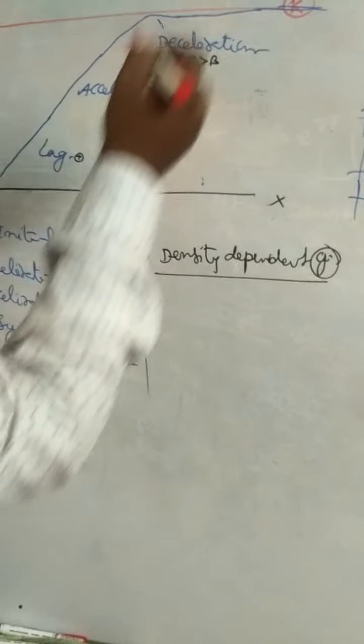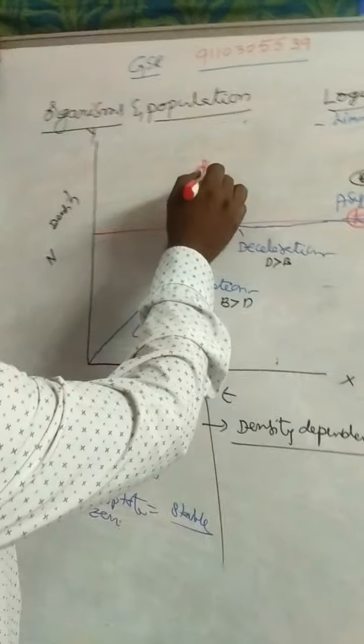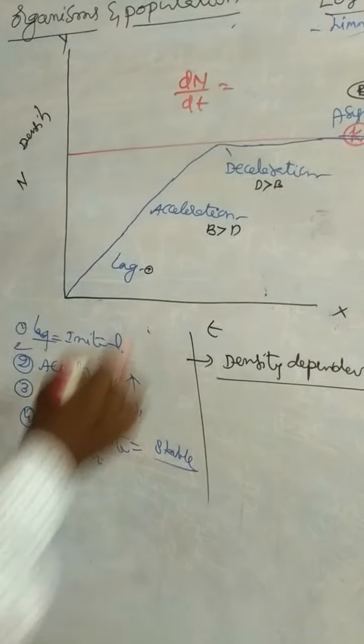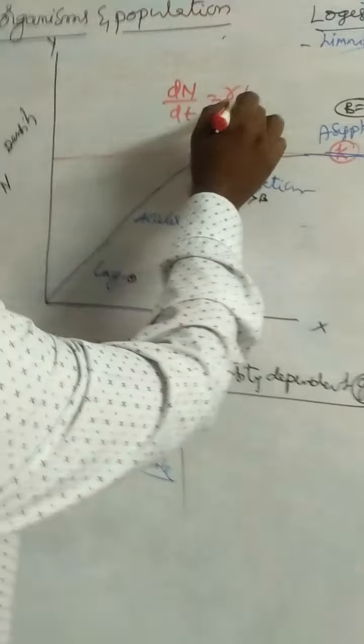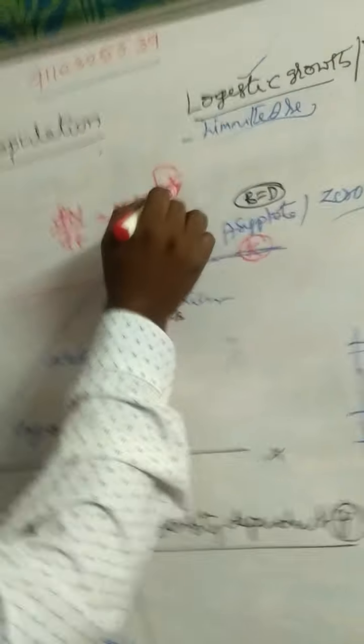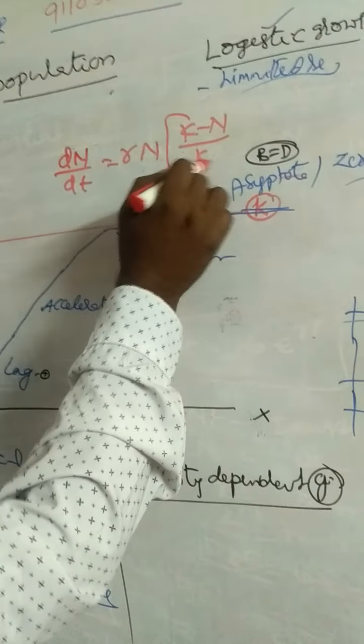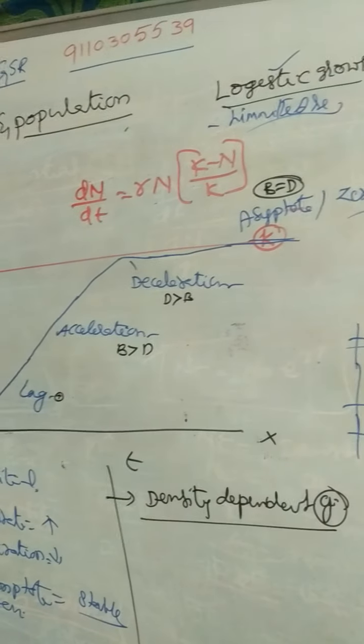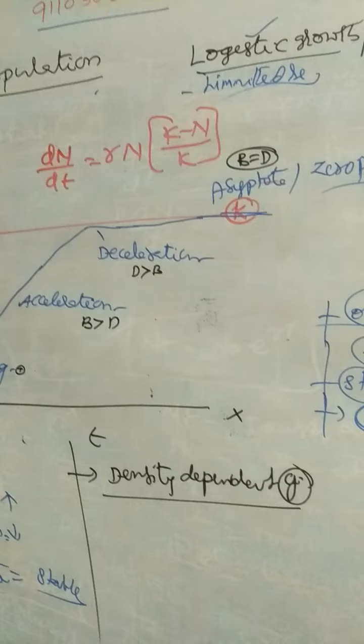Coming to mathematical explanation, in logistic growth, dN/dt, population change at time t, is equal to rN(K - N)/K. This is the formula.